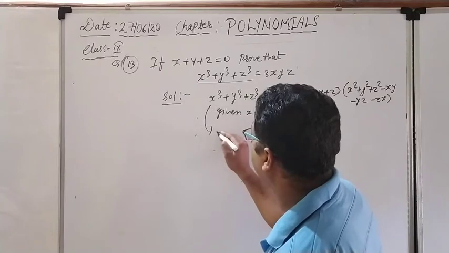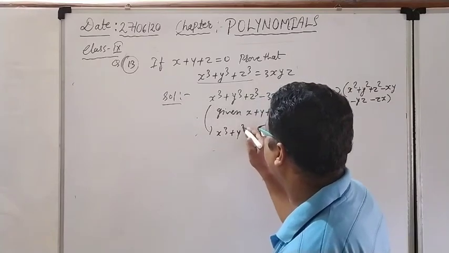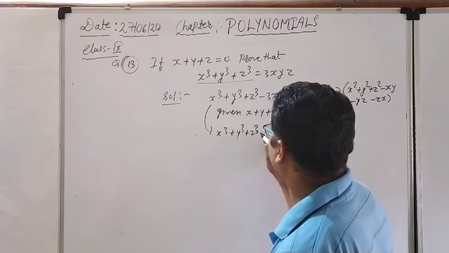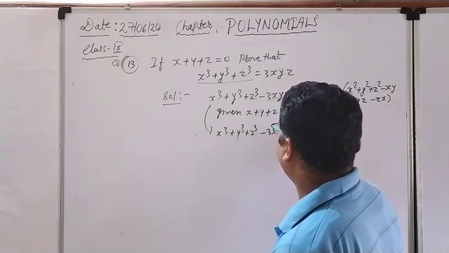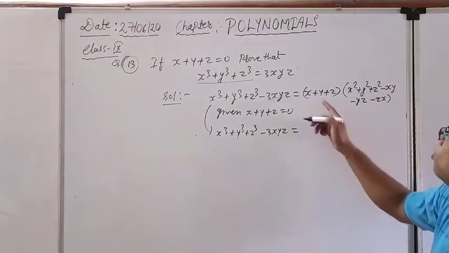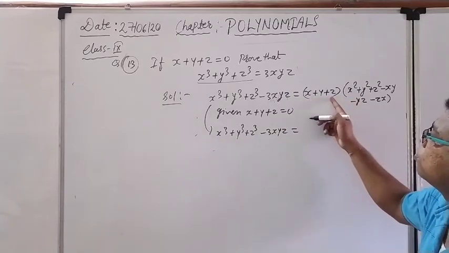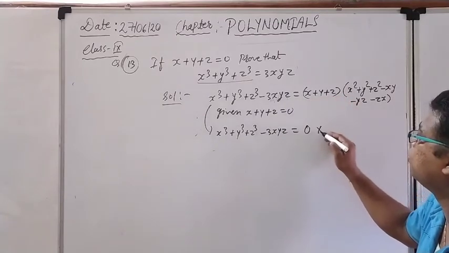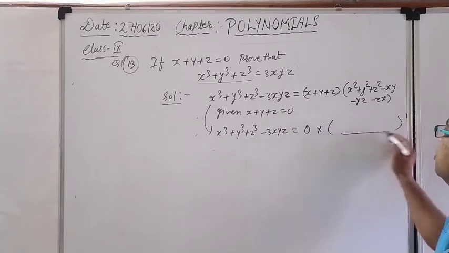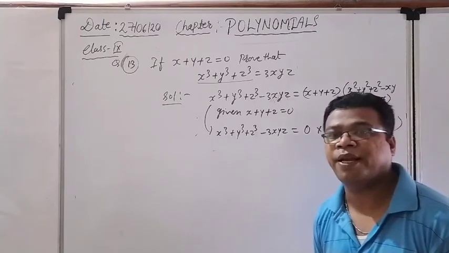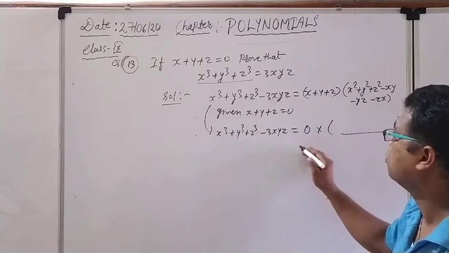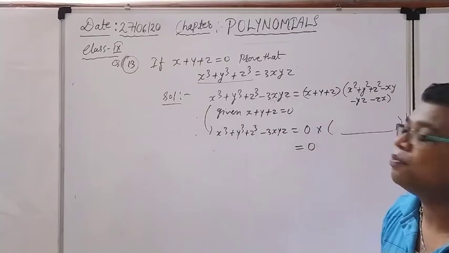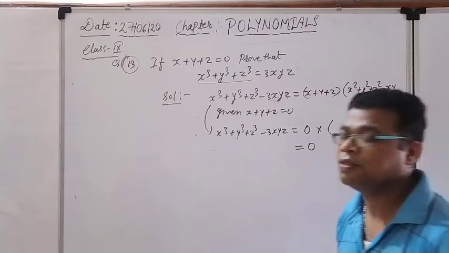So see here, x cube plus y cube plus z cube minus 3xyz can be written as, right now I am going to fill the value of x plus y plus z equal to 0. So if it is 0, then 0 into that particular term, I am not going to write down here, you can understand. And if we multiply 0 with that particular term, then in the next step we will get the right hand side as 0.